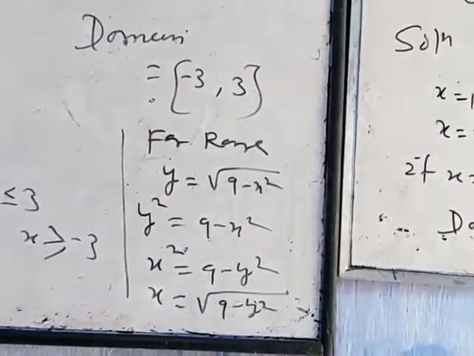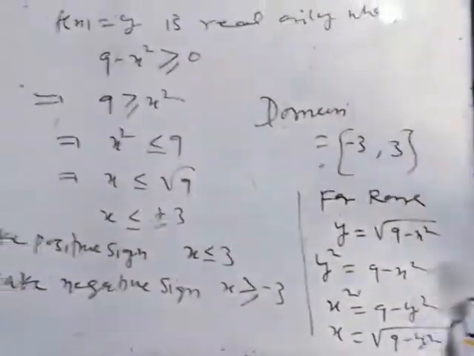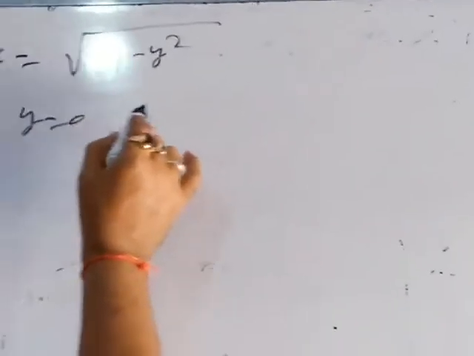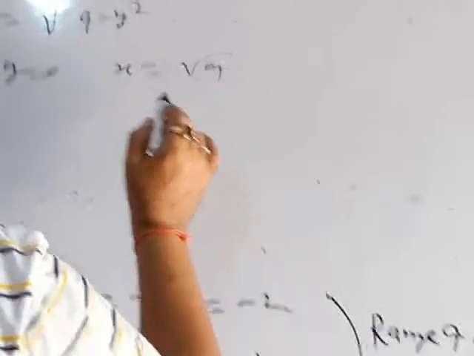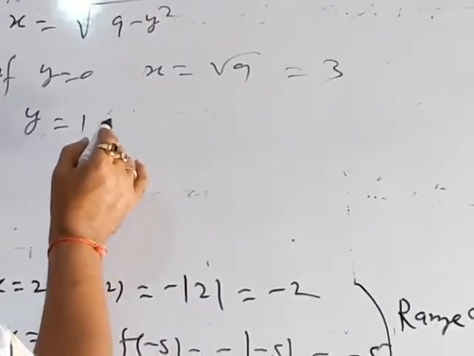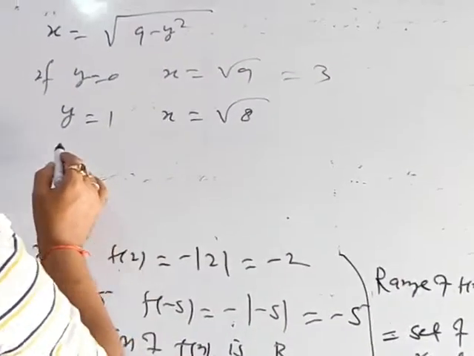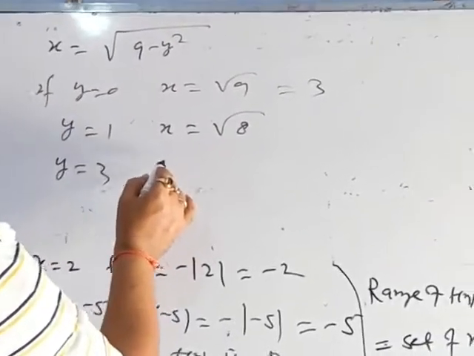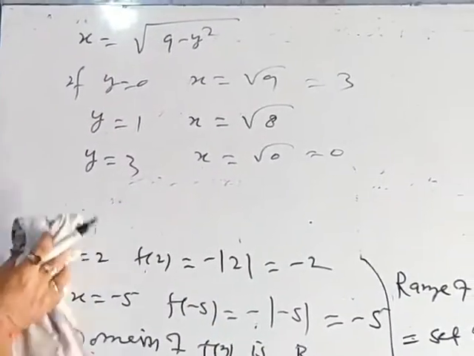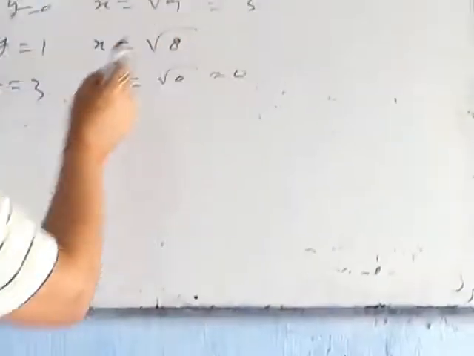So we will see for range: x is root over 0 when y is 3, and when y is 1, x is root 8, and when y is 0, x is 3. So we see that the y value lies between 0 to 3.